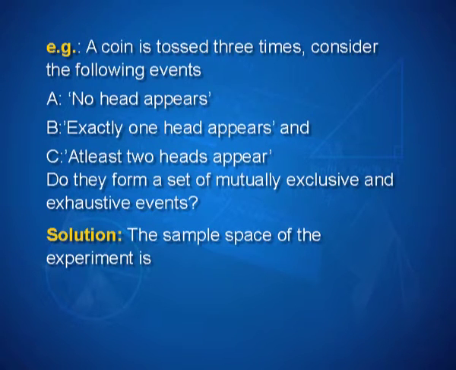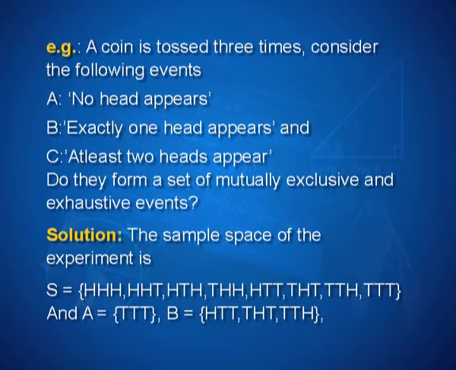The sample space of the experiment is S = {HHH, HHT, HTH, THH, HTT, THT, TTH, TTT}, and A = {TTT}, B = {HTT, THT, TTH}, and C = {HHT, HTH, THH, HHH}.